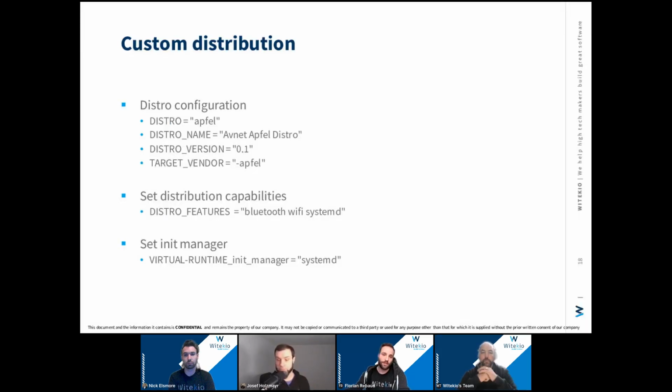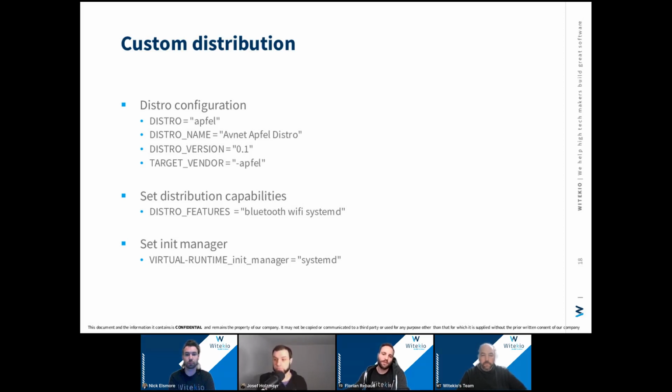So how do you create a custom distribution? You just give it a name, and then a small description. You can also give it a version. And when you build the image, you can also add the name of the distribution after the name of the image to help you find which image was built with which distro. Same as the machine, you can add some features for the distribution.